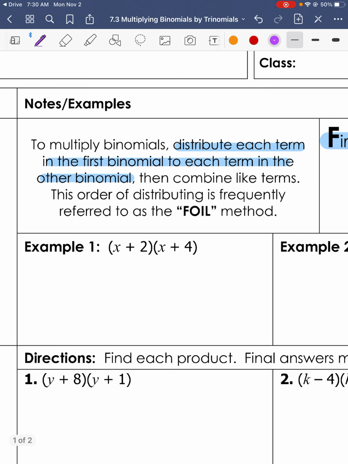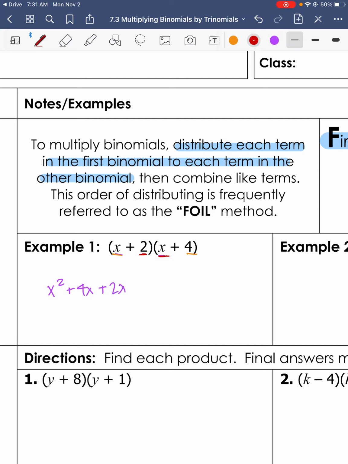So in example 1, we have x plus 2 times x plus 4. So if we're going to do our first two terms, that would be x and x. We have x squared. Our outer two terms, we have x and 4, which would be positive 4x. Our inner two terms, which would be 2 and x, that would give us positive 2x.